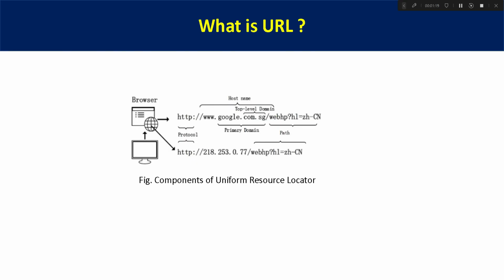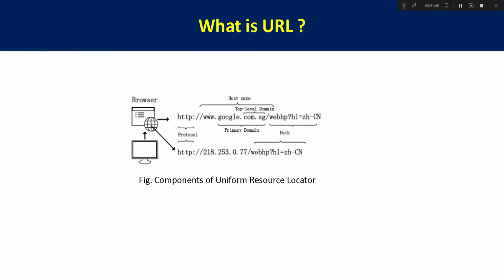Before moving towards malicious URLs, we first have to understand what a URL is. URL is basically a uniform resource locator. It is a unique address by which we can identify a resource on the internet, right?